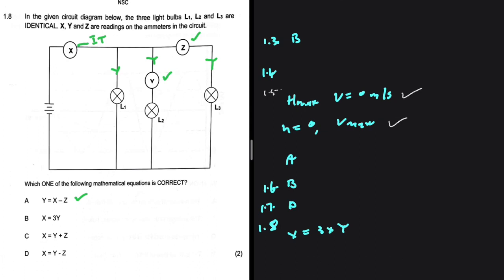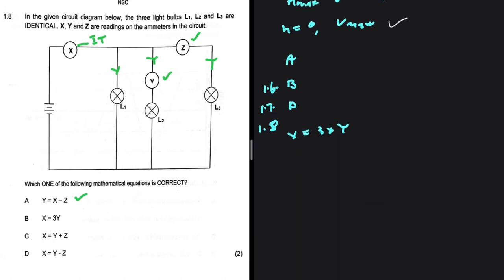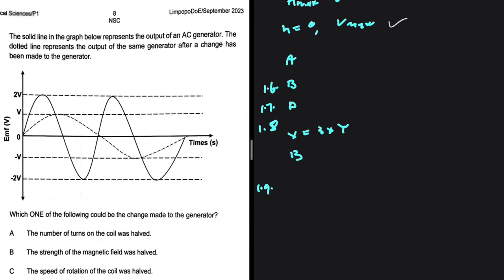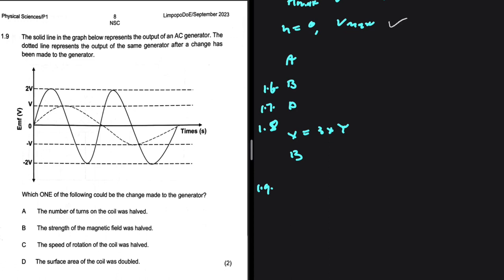So this is true. Option B is true. So the answer to 1.8 is B. 1.9, the solid line in the graph below represents the output of an AC generator.